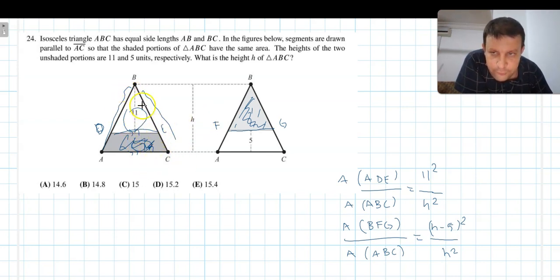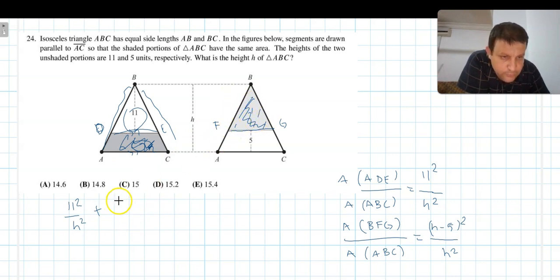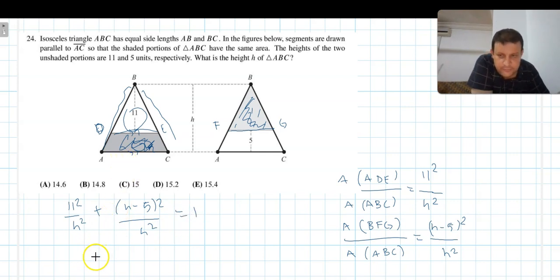So the ratio of BDE to the whole is going to be 11 squared over h squared, plus the ratio of this one to the whole, which is the same as this one, h minus 5 squared over h squared, is going to be 1. I hope you get the point.